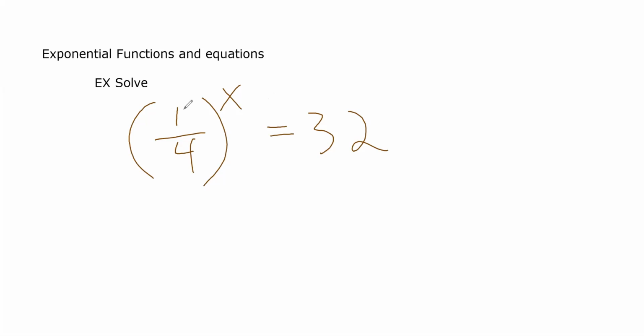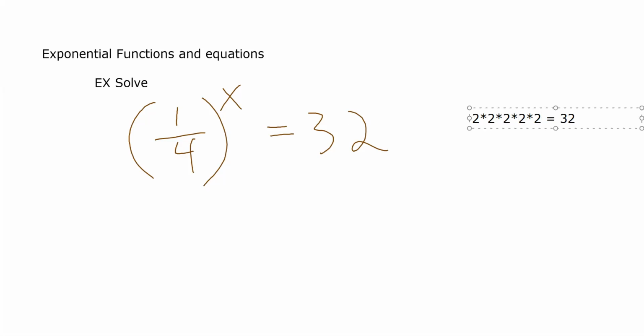Well, it turns out you are going to be able to do that if you make a few connections. Perhaps a base of 2 will be appropriate here, because 4 is actually 2 squared. 32 is actually, we'll try it out. Let's see, 2 times 2 times 2.